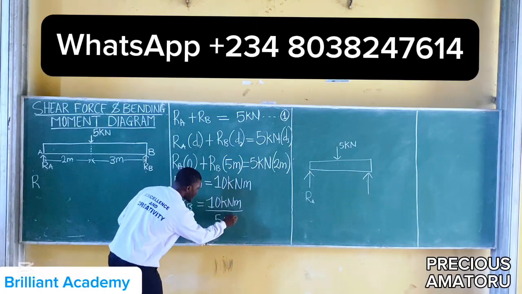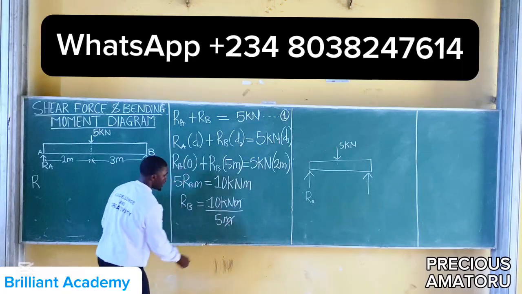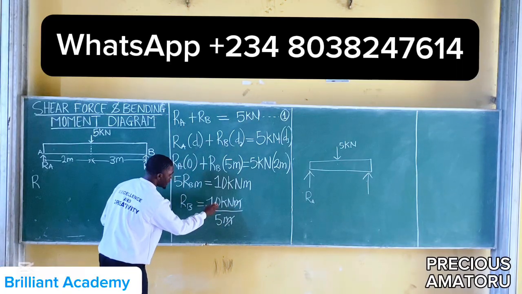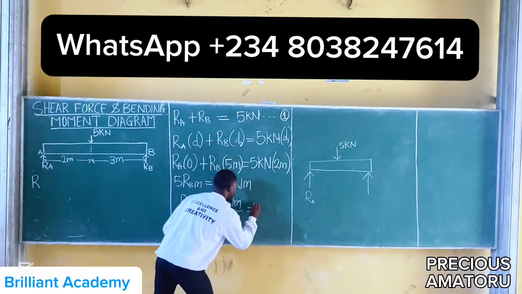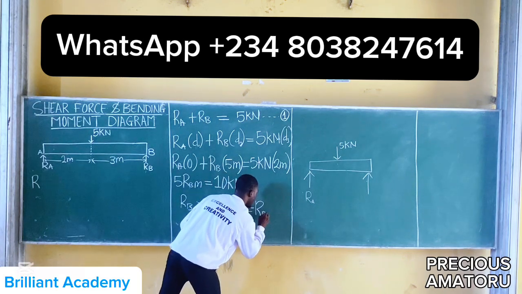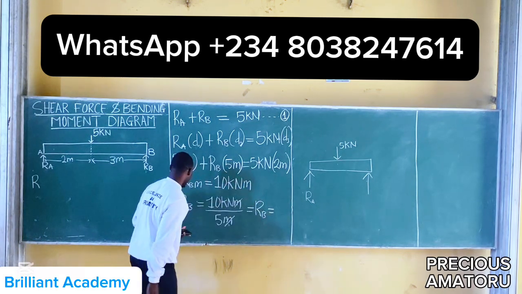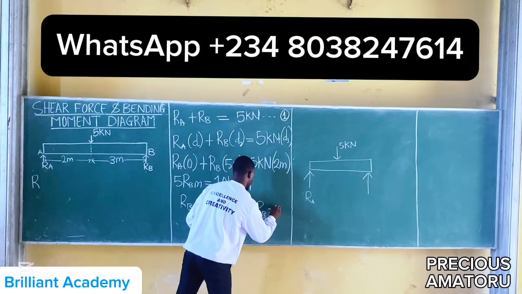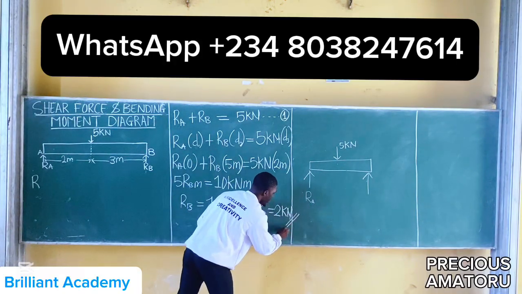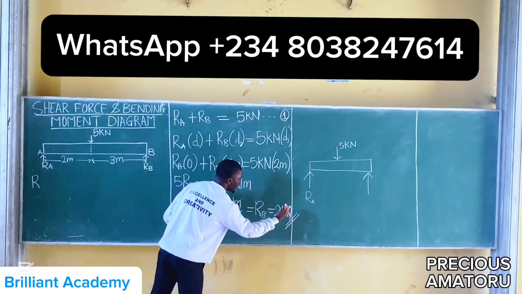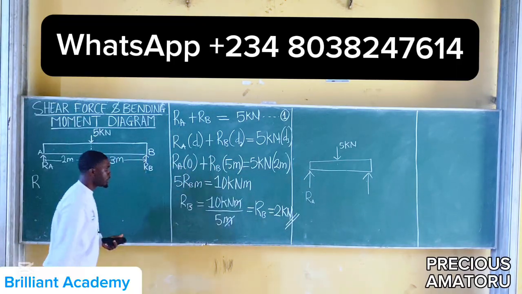Notice that the meters cancel, and 10 divided by 5, that's 2. So our RB is equal to 2 kilonewton. Notice our answer is in force, so kilonewton.